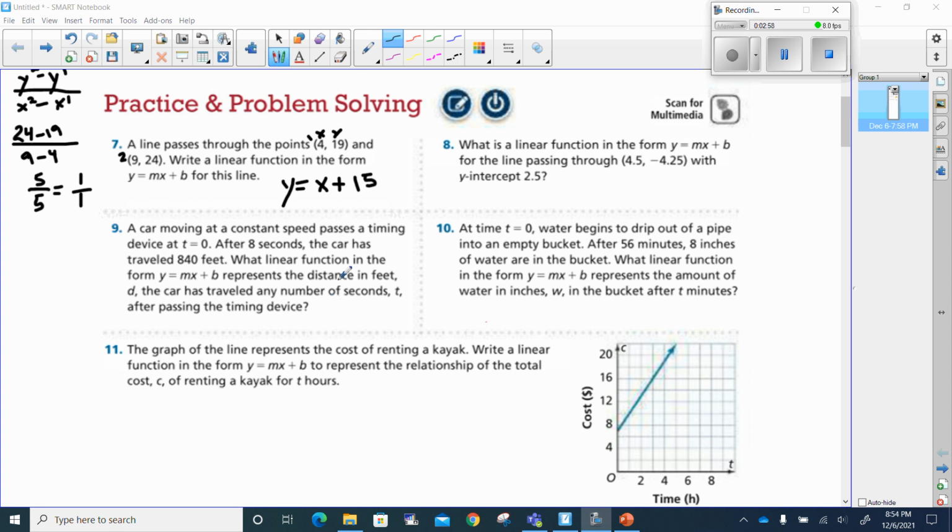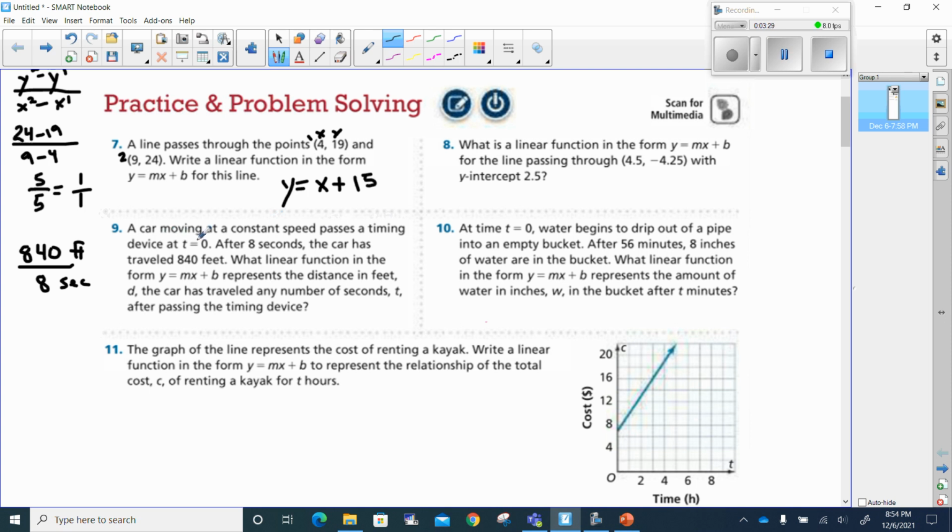Let's see here. It says after 8 seconds, the car has traveled 840 feet. So that means we're going 840 feet in 8 seconds. We remember the car is moving at a constant speed, passing a timing device at t equals 0.